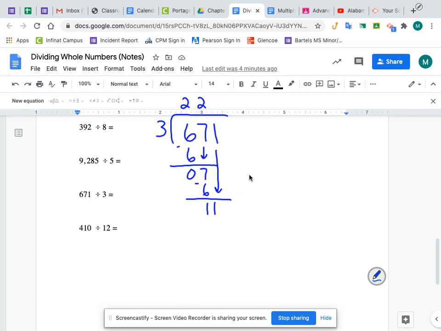So now 3 goes into 11 3 times. And 3 times 3 is 9. Subtract to get 2. So writing my fraction, 2 is the numerator or the top number of the fraction, and 3 would be my denominator. So 2 you could say is your remainder over your divisor.